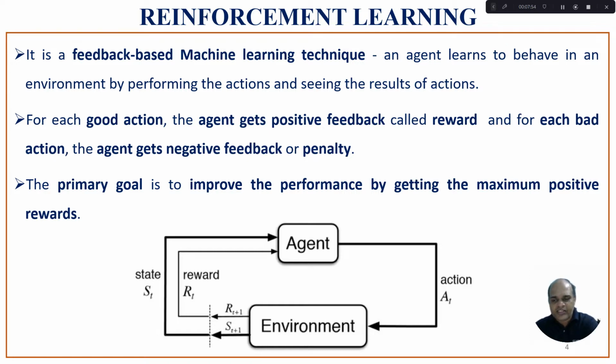If it reaches the destination, then it is given a positive reward. If the sequence of actions results in the robot meeting with some obstacle, then in that case it will be given a penalty. So here we take an agent and put it into an environment. Currently it is in some state. That state is called ST. Now the agent does some action.